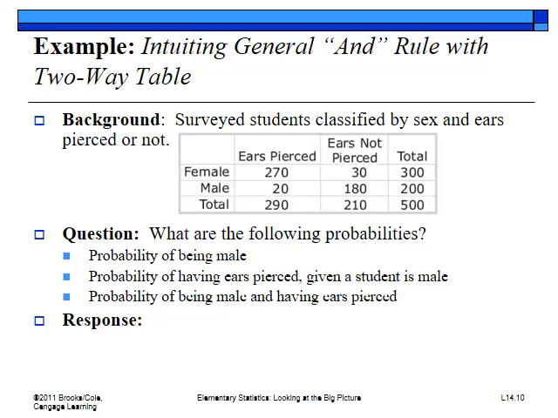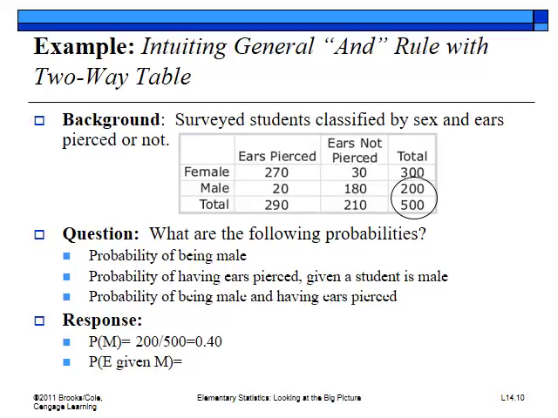The probability of being male we can compute by looking at the fact that there are 200 males total out of 500 students total, so the probability of being male is 200 over 500, which is 0.4.